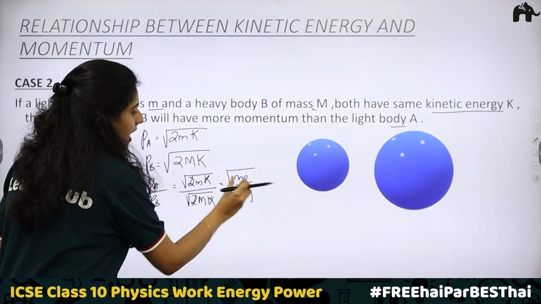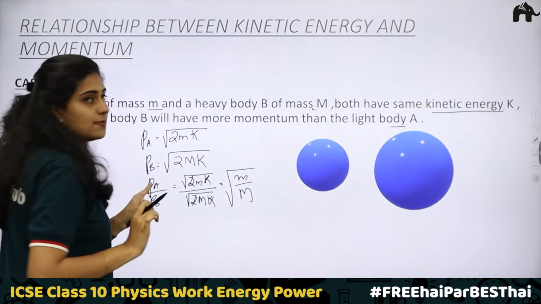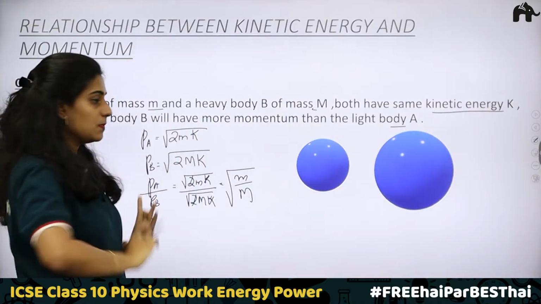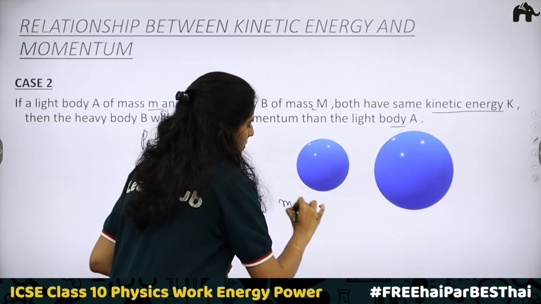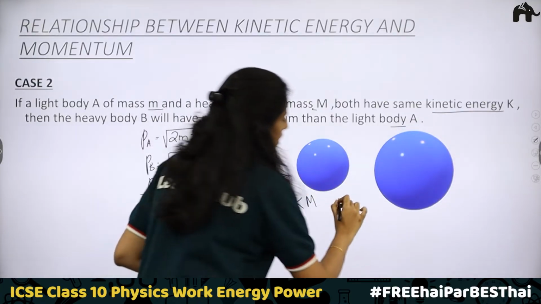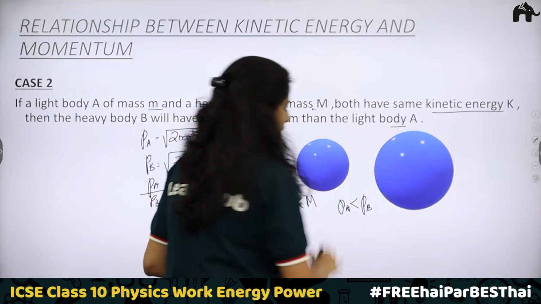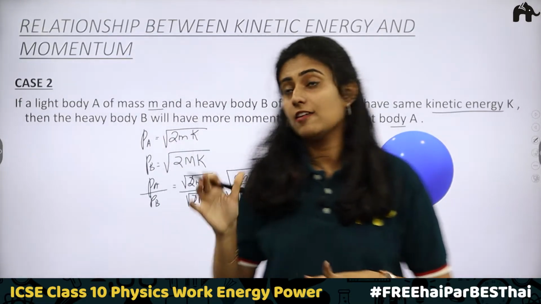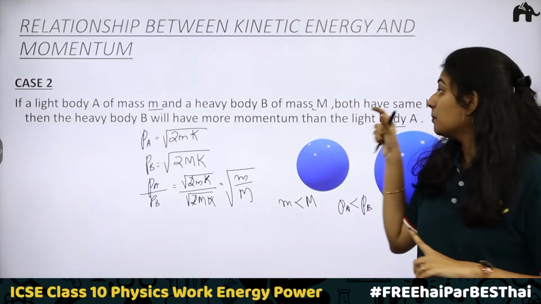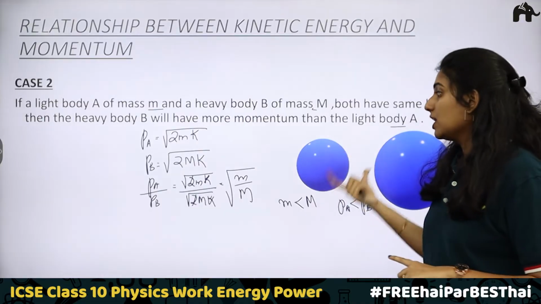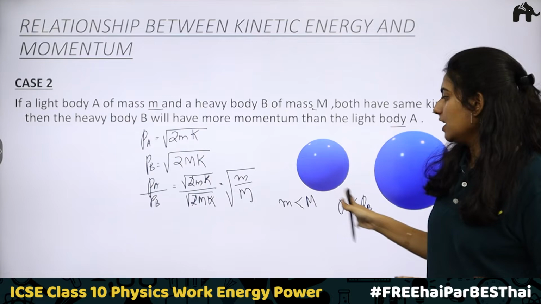Here we have the smaller body and the momentum of the smaller body in the numerator, which means directly proportional. Okay. m less than capital M. Therefore, momentum of the first body will be less than momentum of the second body. Okay, there is a direct proportion when kinetic energy is a constant. But in case when the momentum is a constant, when you compare kinetic energy, the lighter body will be having greater kinetic energy. Here the proportion is same.